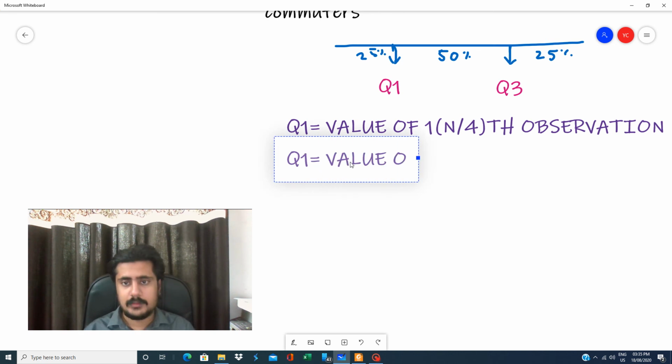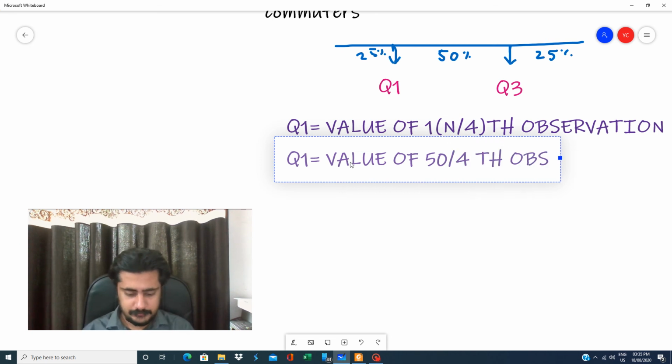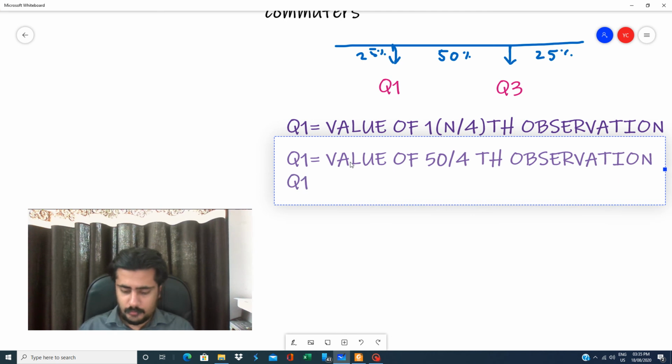What is n? It's 50, upon 4. So Q1 is the value of the 12.5th observation.